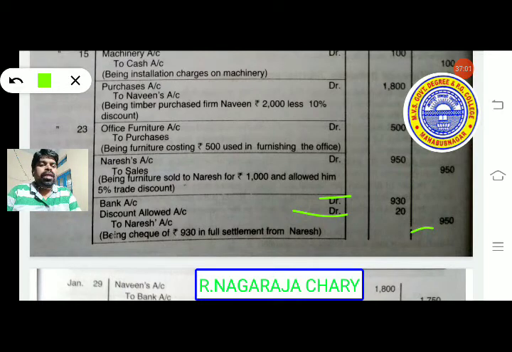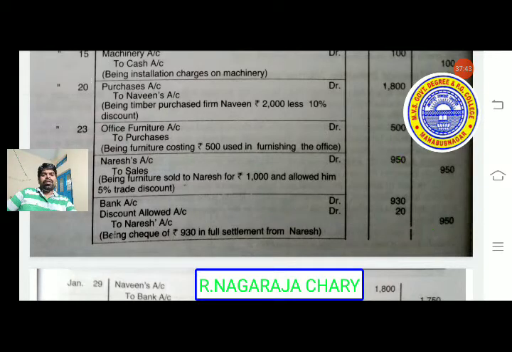In the earlier transaction Naresh had to give 950 rupees, but for full settlement he has given 930 rupees, so the remaining 20 rupees is discount allowed. So the difference between 950 and 930 is 20 rupees. That is why the journal entry is bank account debit, discount account debit to Naresh account, being check of 930 received in full settlement from Naresh.